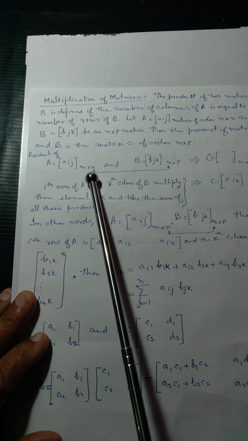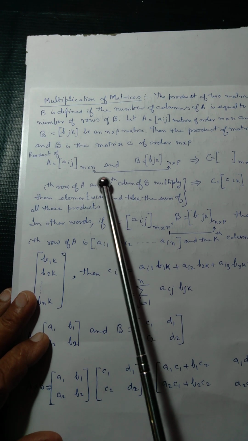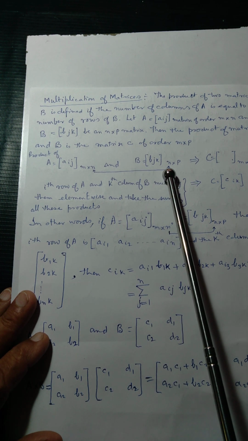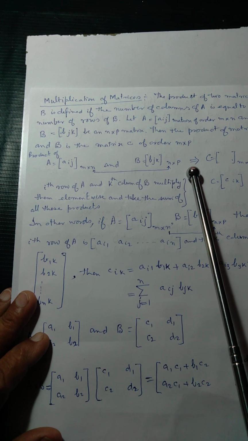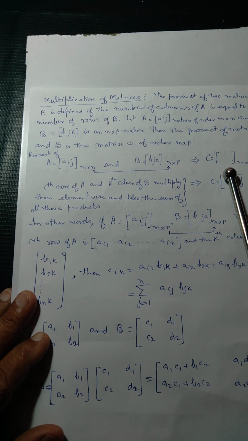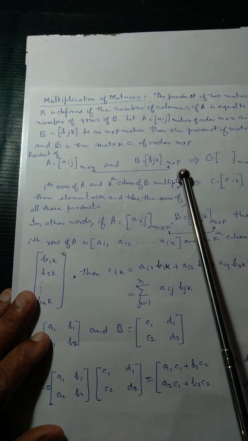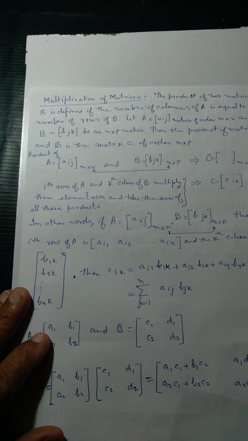That is why I have put arrow marks. Here it is n, means column is n. Here it is n, means the number of rows should be n. This gives you the result, and its order will be m into P. You see, m into P means m rows and P columns.